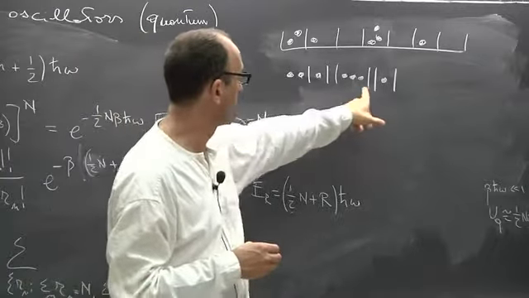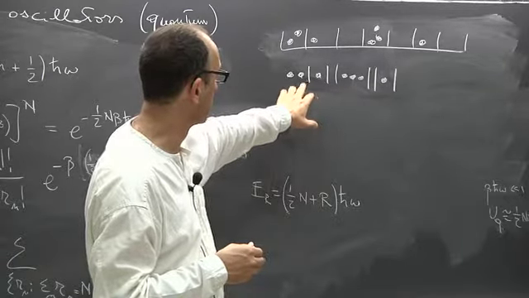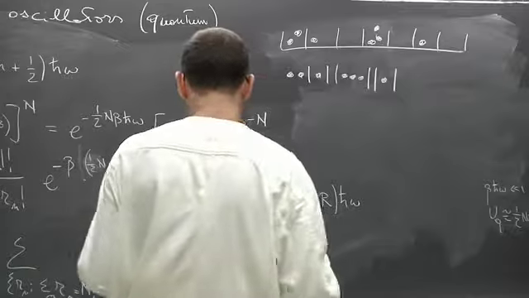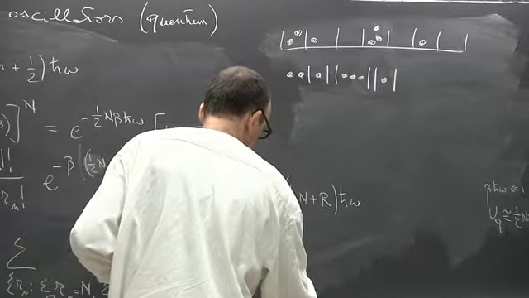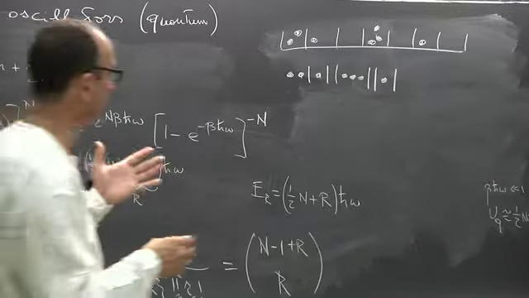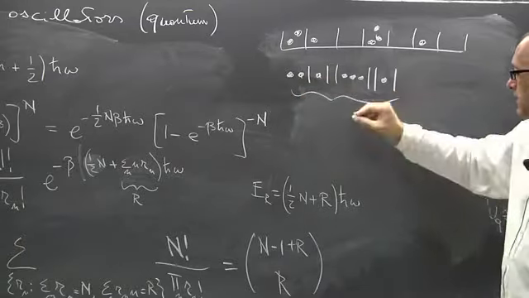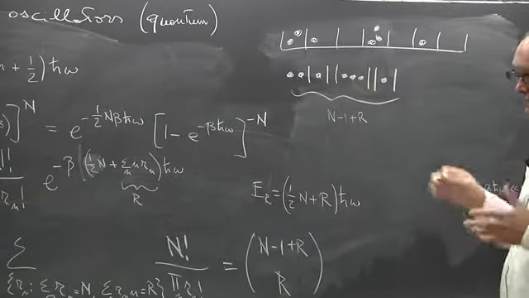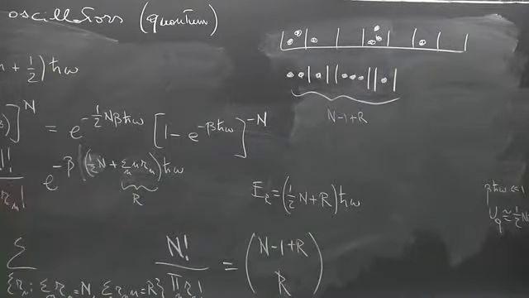And now it is clear that the number of different configurations of n-1 sticks and R balls is exactly n-1 plus R, choose R. So this is the number of ways in which you have R balls and n-1 sticks, and the total number of objects which you have is n-1 plus R, and the number of ways in which you can combine these objects is this one.